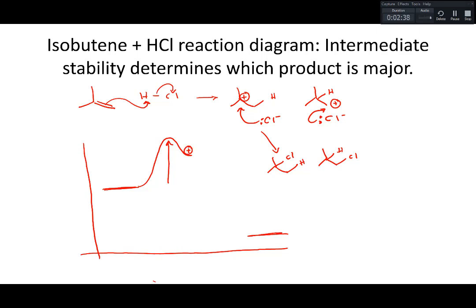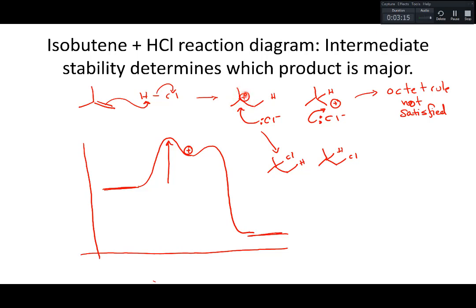Okay? So that's my positively charged carbon. And then, because the products are lower in energy, it drops down like this. And remember, carbocations are high in energy, right? Because octet rule is not satisfied. Now, this carbocation, if you remember just from the previous slide, has 3 alkyl groups on it.